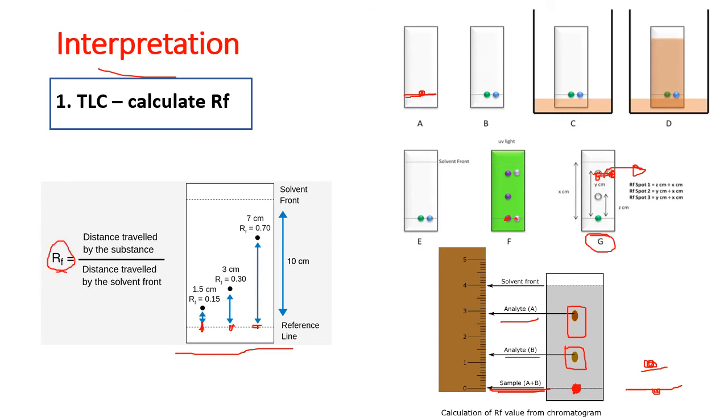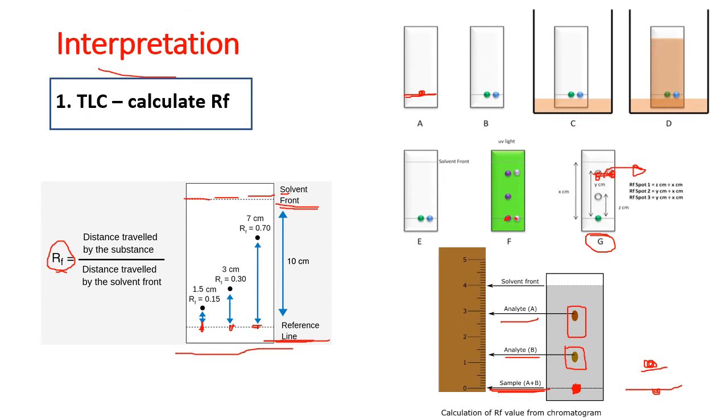What is the RF? We measure the total distance between the reference line and the solvent front. The solvent front is a line that we draw with a pencil to mark the maximum height traveled by the mobile phase. So in the exam, you will be given a solvent front and a reference line.